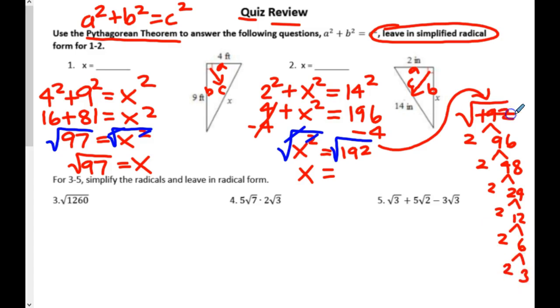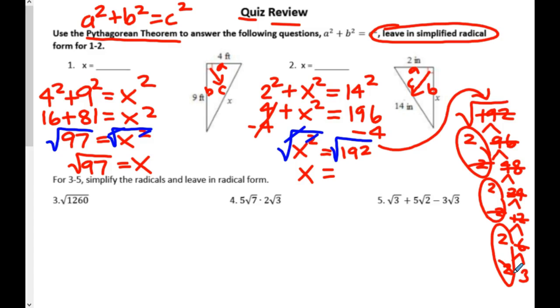I'm going to cross out all the stuff that I broke down. Now that's a lot of factors, so let's circle our pairs. Pair, cross, pair, cross, pair, cross. So check it out. I got 3 pairs. What do I do with my 3 pairs? They're going out, and they're going to multiply.